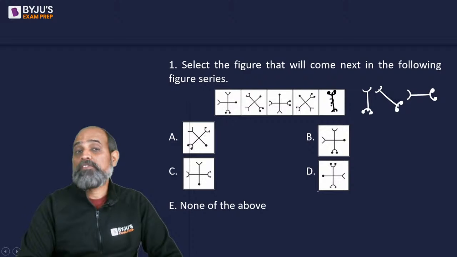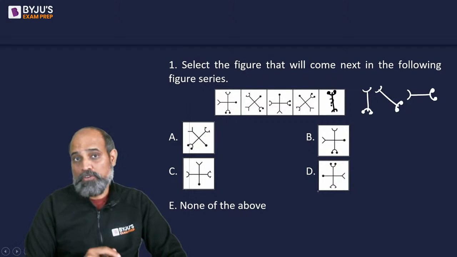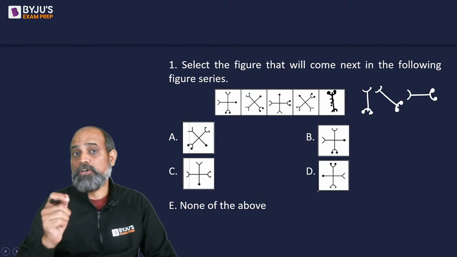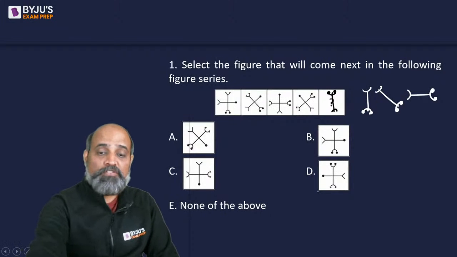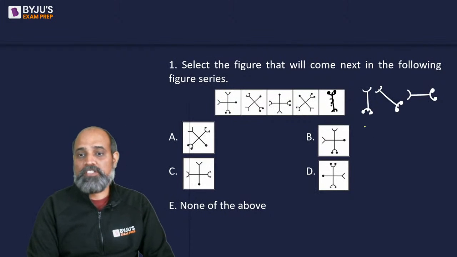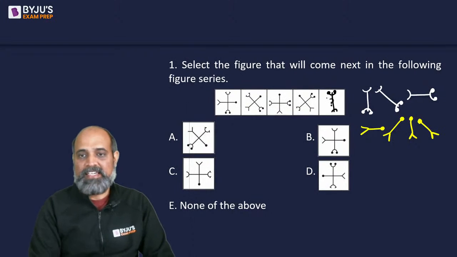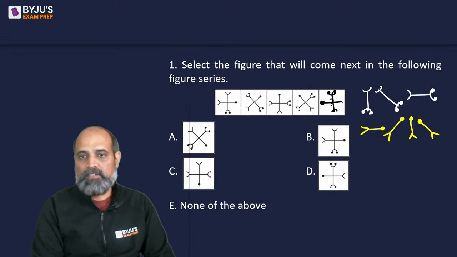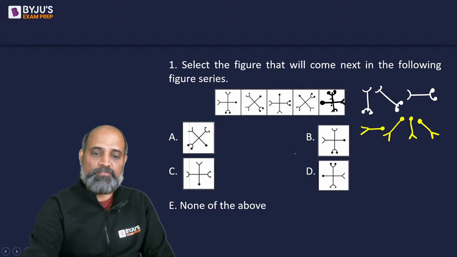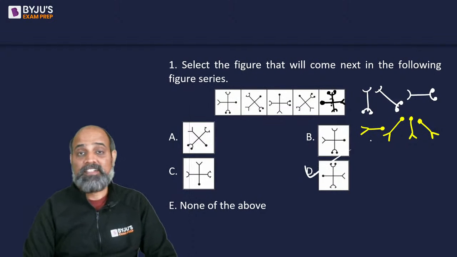Since we do also have none of the above, we have to be a little more considerate. We should also check the other stick. So if you look at the other stick, which one is the horizontal one? Initially it was pointed like this, then it was pointed like this. So this is also moving in the anti-clockwise direction, right? So the next figure should have the second stick in this format. So obviously, as everyone has answered, D is the answer.